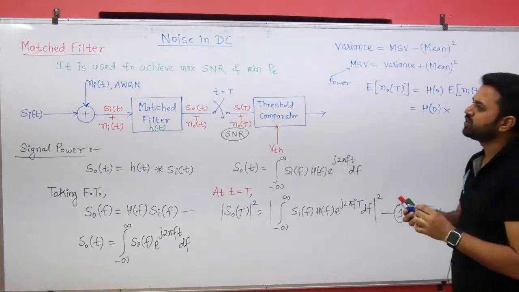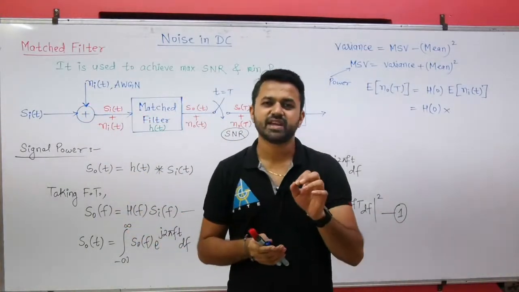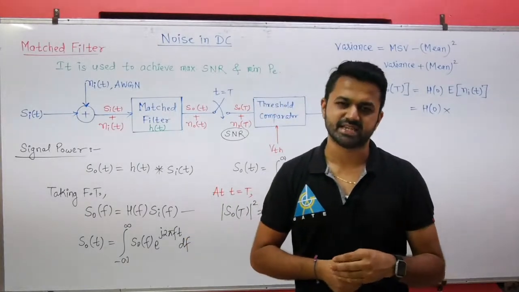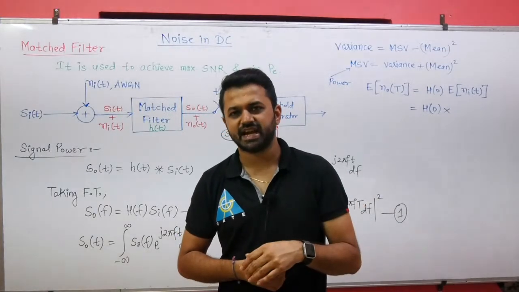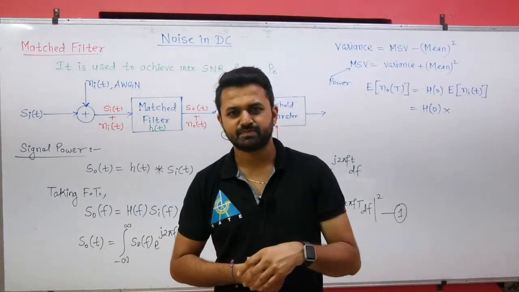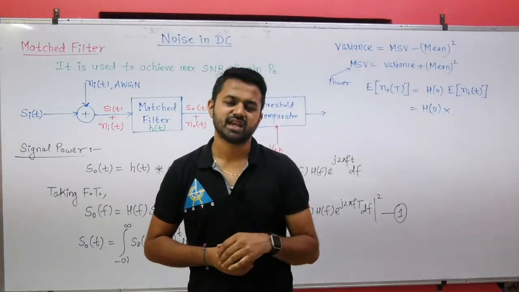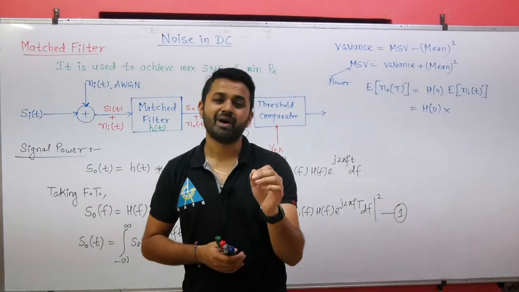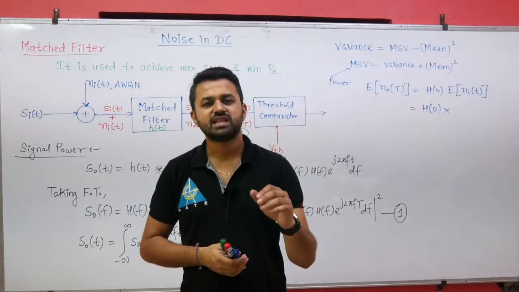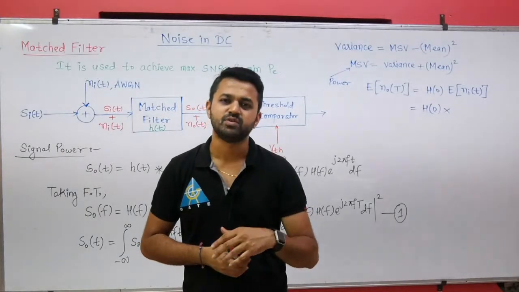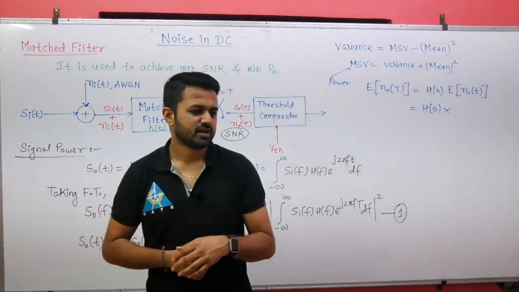So this input Gaussian noise is having a constant power spectral density, and as we have studied in the random variable or the power spectral density, whenever there is an impulse in between 0 minus to 0 plus in the power spectral density, then only we will be having some non-zero mean value, isn't it? Do you remember this?